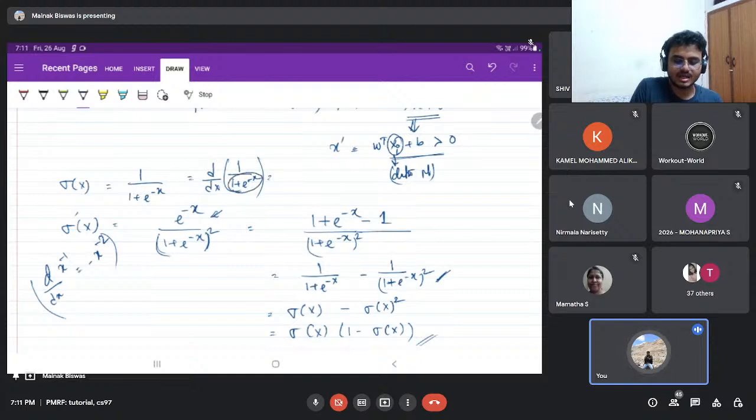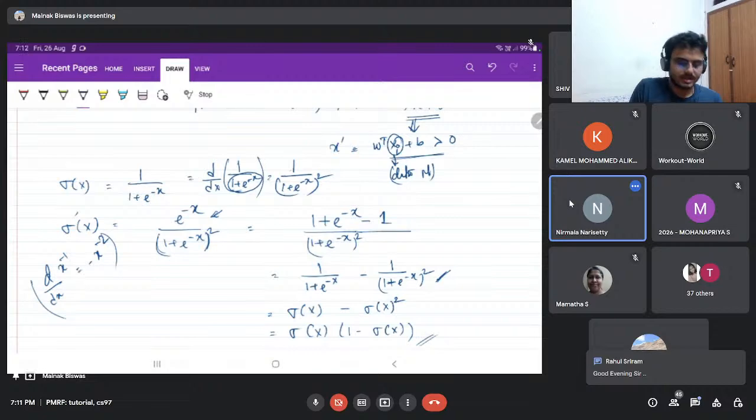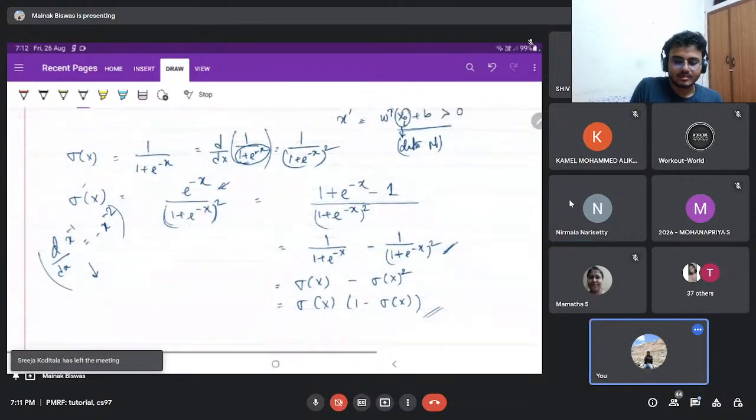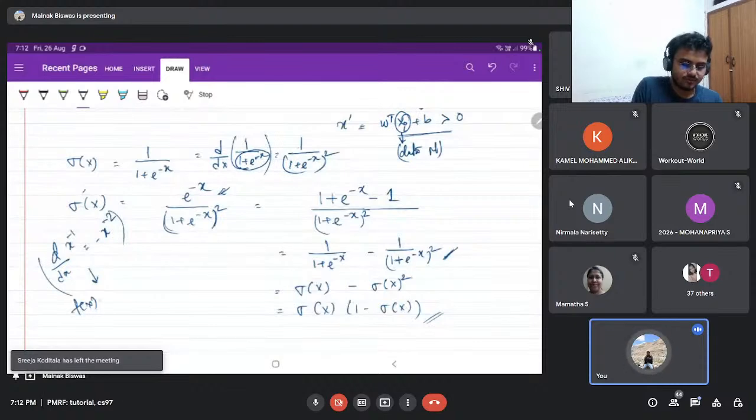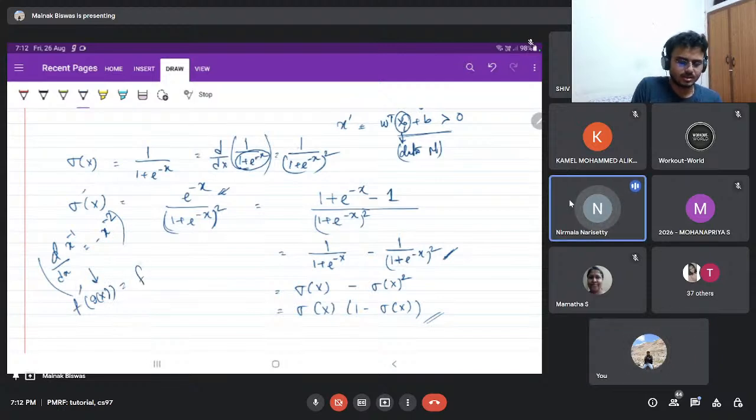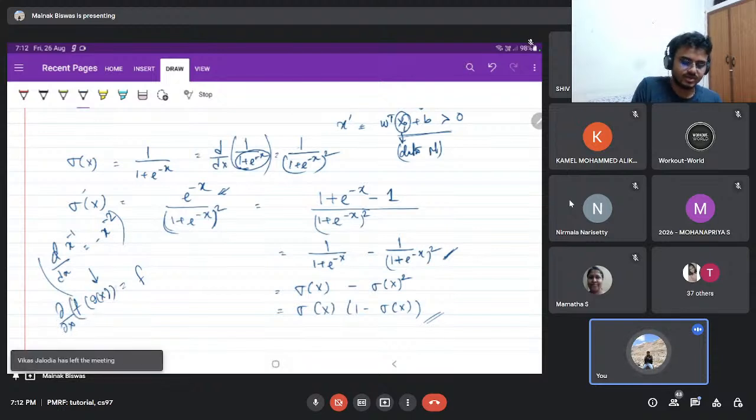So this denominator is some function f of x, so this is 1 by 1 plus e to the power minus x. You know the chain rule: if you take the derivative of f of g of x, it is f dash of g of x into g dash of x.